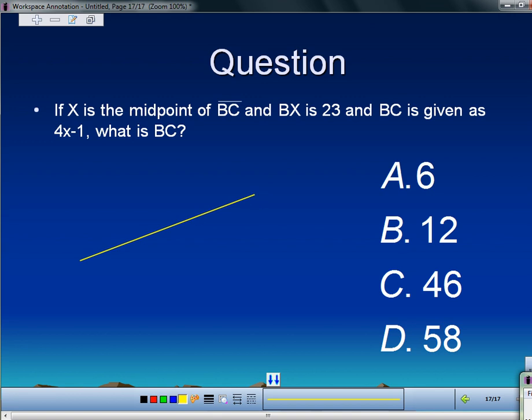I have some points here, B and C. I have some midpoint X. So I know that BX is 23, midpoint 23, so we know that this whole distance has to be 46. This you could use to solve, but it's not going to be helpful for us. It doesn't do anything for us.